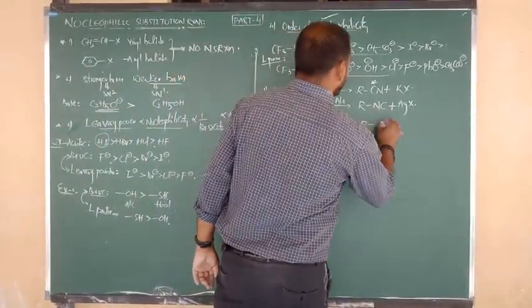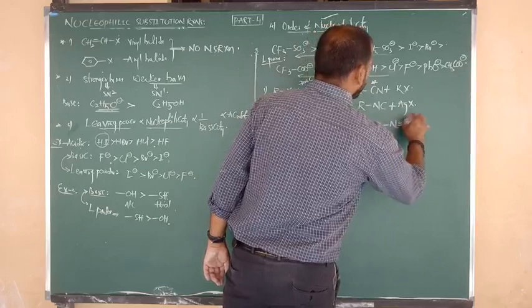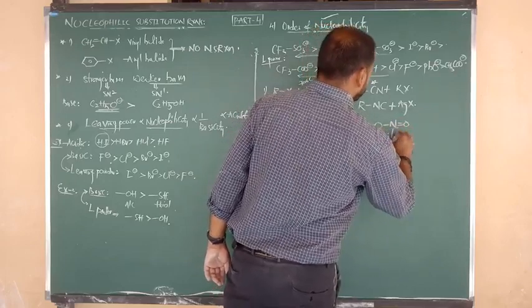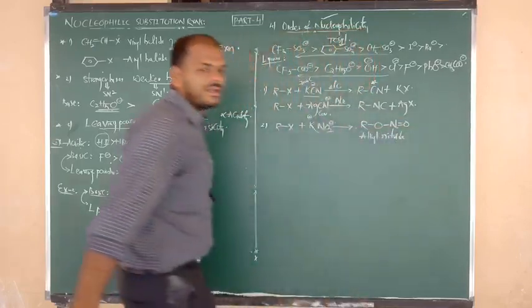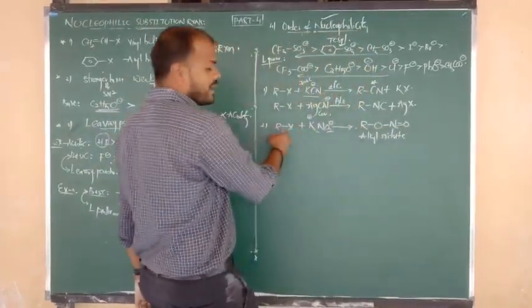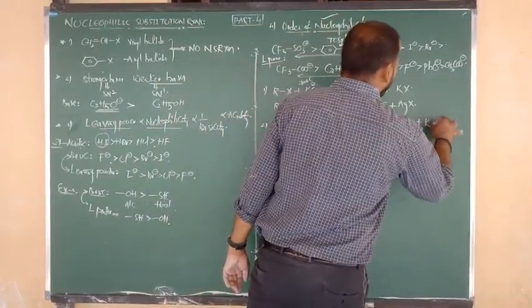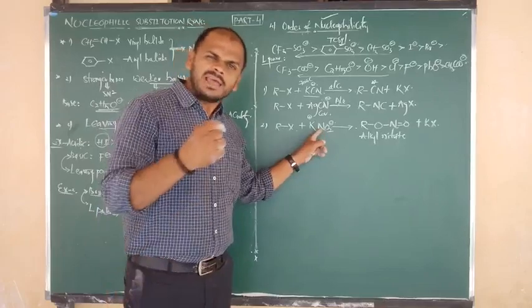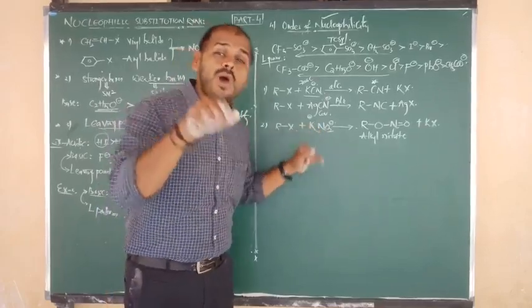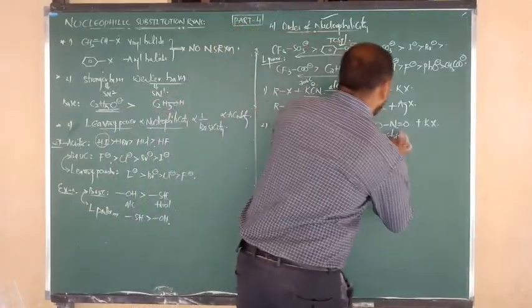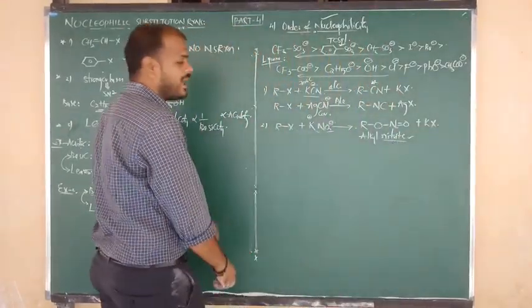So R bonded to O, O bonded to N double bond O. So the product name is alkyl nitrite. And K combines with X and is removed in the form of KX. So in case of potassium nitrite, either N acting as ligating center or O acting as ligating center, O acts as ligating center. That's why we say that the product is alkyl nitrite.